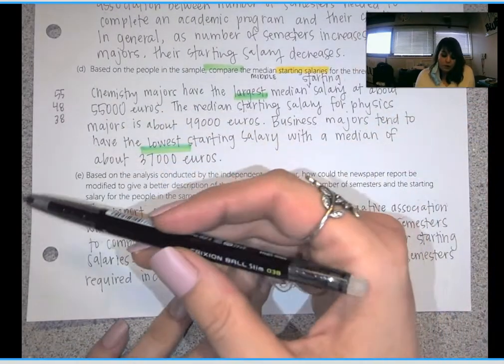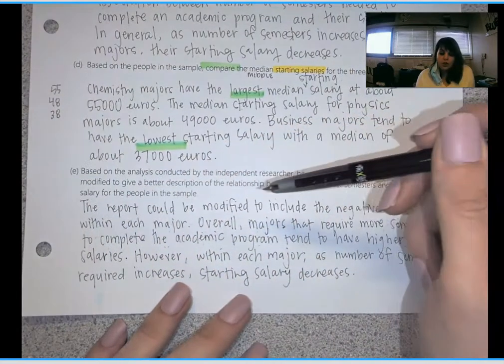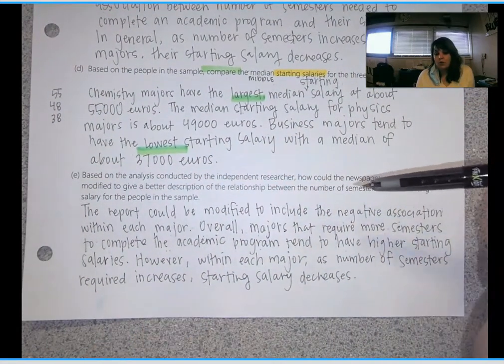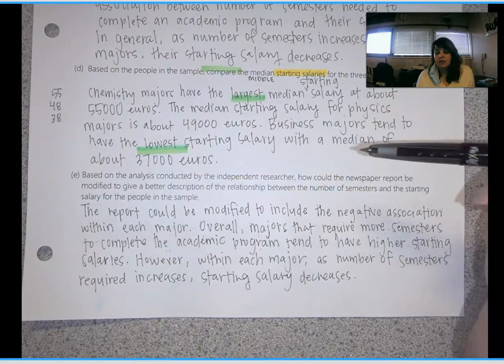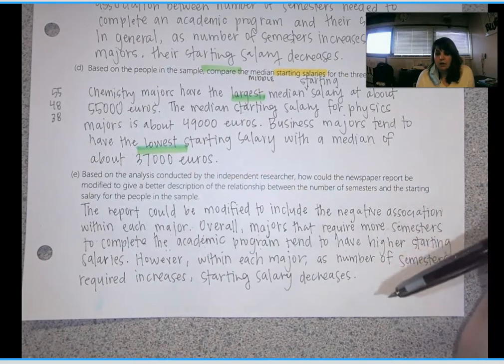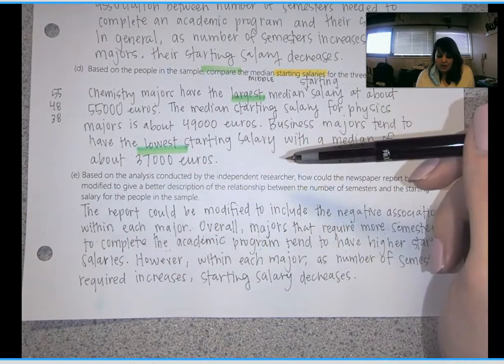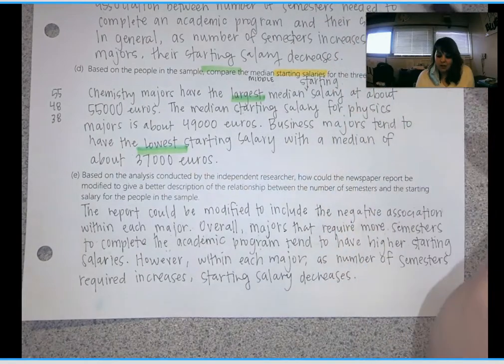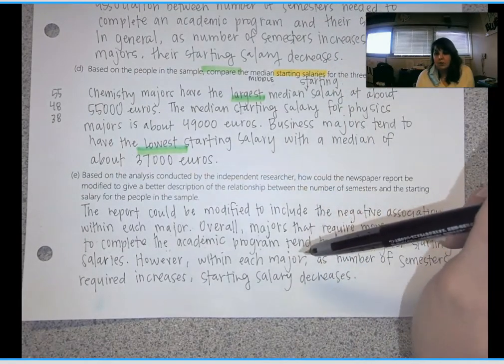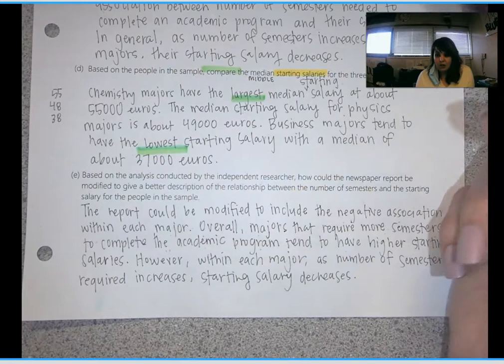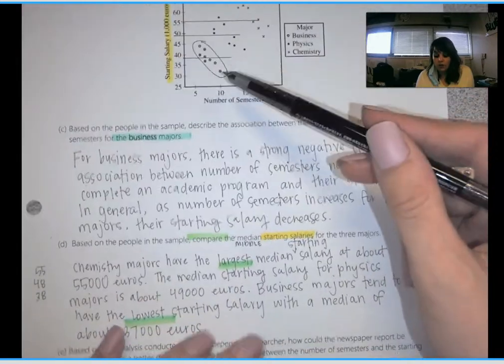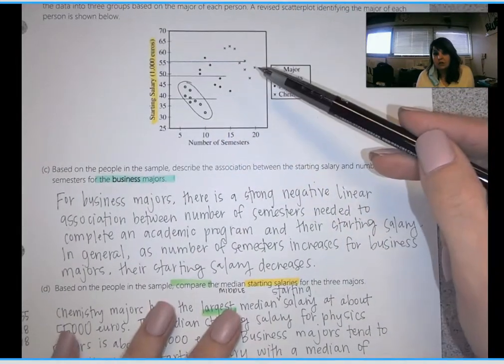So they need to, or they could, modify the report to include the negative association within each major. Based on the analysis conducted by the independent researcher, what should the newspaper do? Well, they should not only give the overall association, because that's still true.